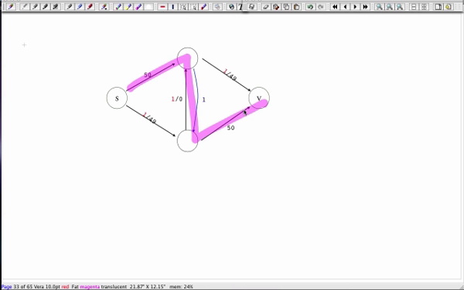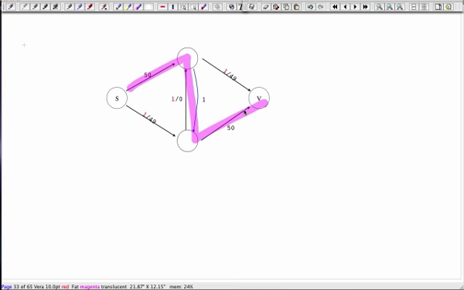Now, since all of the capacities in this example are integral, this means that every time we find an augmenting path, our flow is going to increase by what? At least one. At least one, right? In this example, certainly. But in any graph where the numbers are integral, okay?